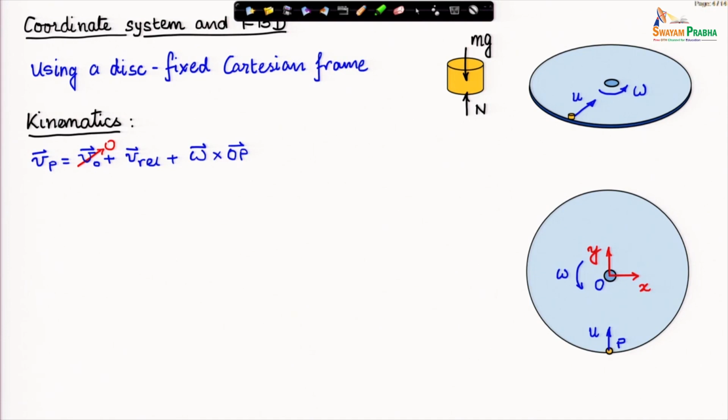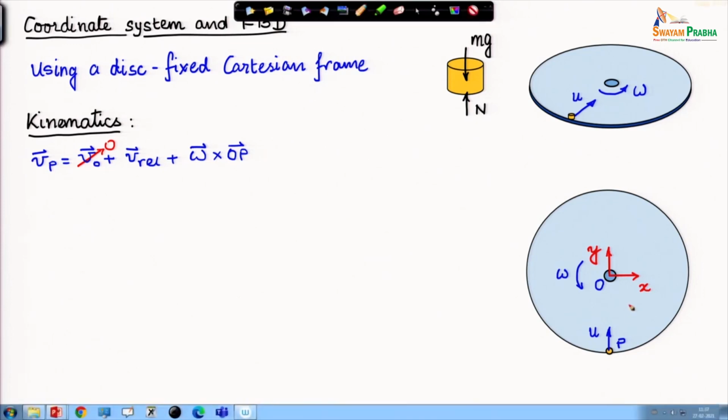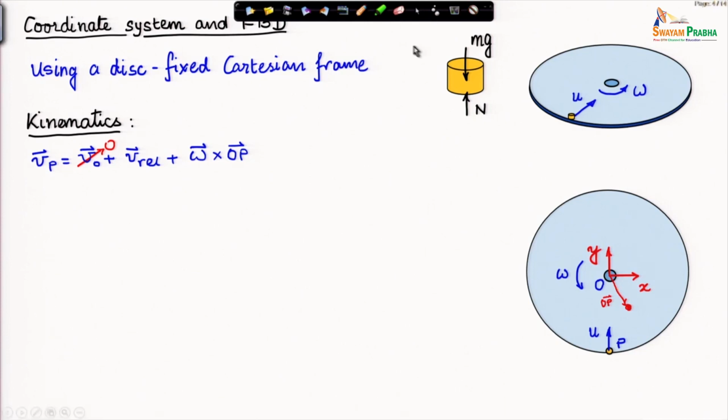Now, this is the expression of velocity we have studied before, and this OP vector is the vector from O to the particle at any location. Suppose when the cylinder reaches here, then OP vector will be this, and everything has to be represented in this xy coordinate system, and that is what we are going to do now.